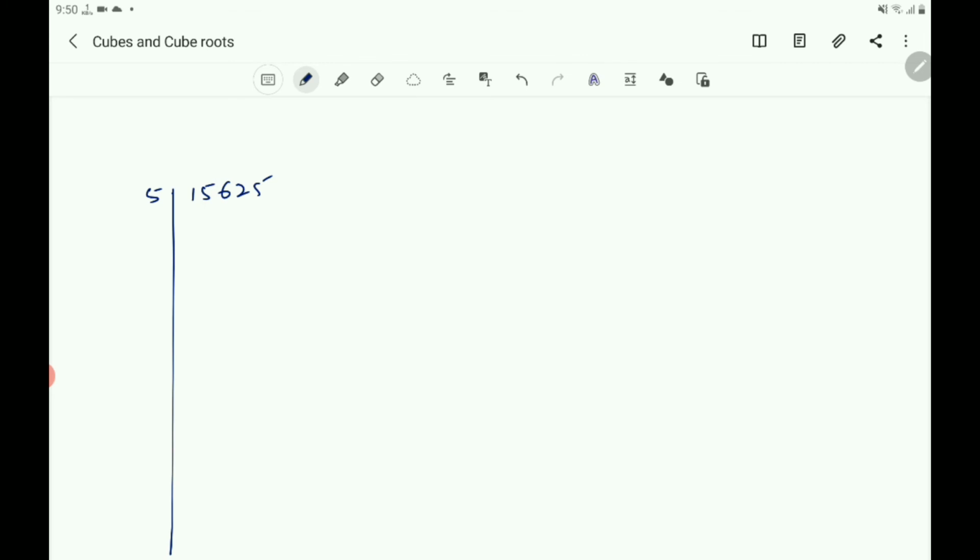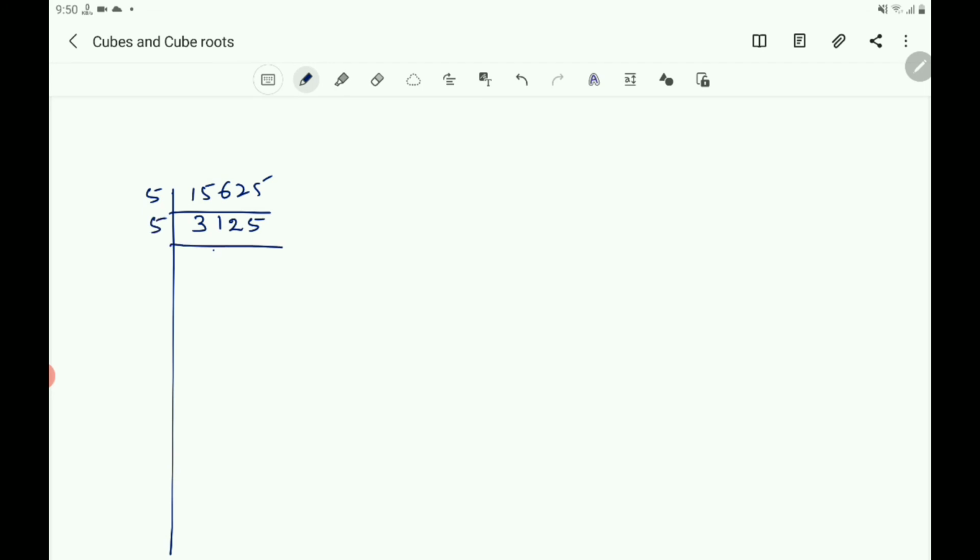As it is not divisible by 3, so you take 5. 5 3s are, then 5 1s are, and 1 2. 5 2s are, 5 2s are 10, 5 5s are. Again it is divisible by 5.